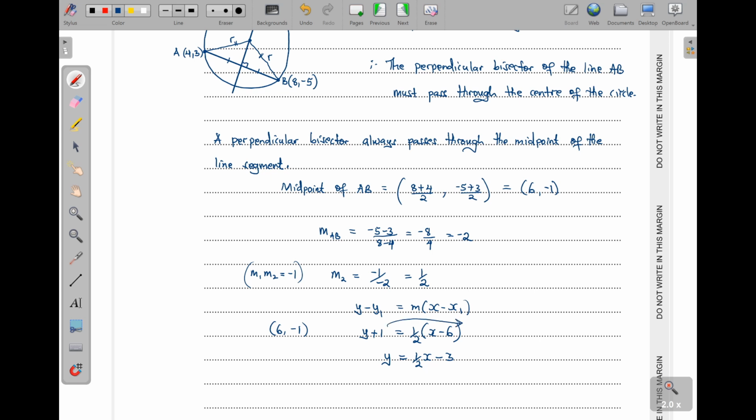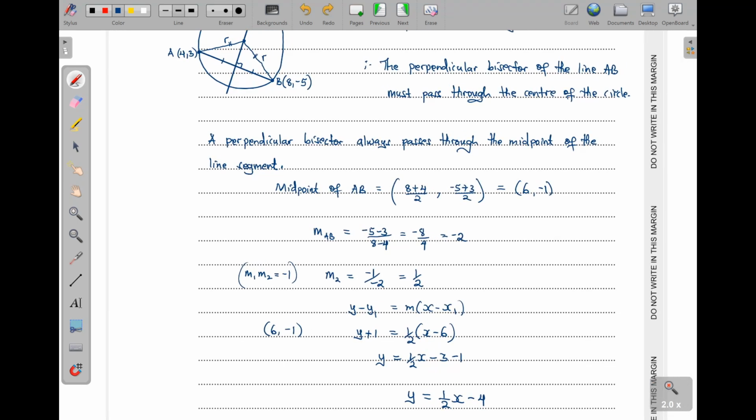But when this crosses the equal sign, it is going to be a minus. So we are going to have y equal to a half of x minus 4. That is the equation of the perpendicular bisector of that line AB, which must pass through the center of that circle.